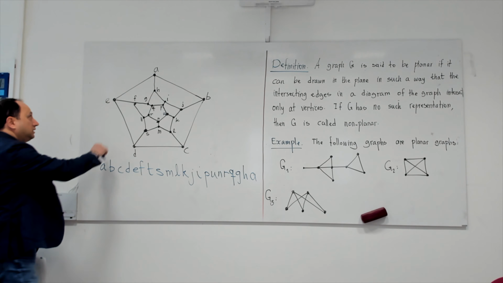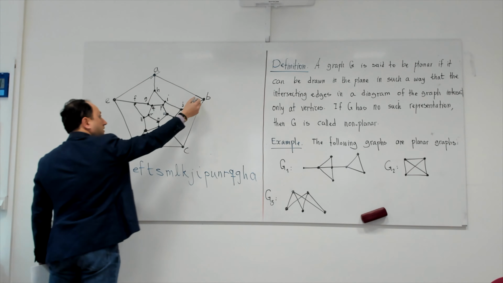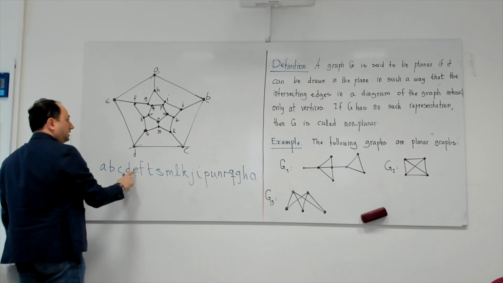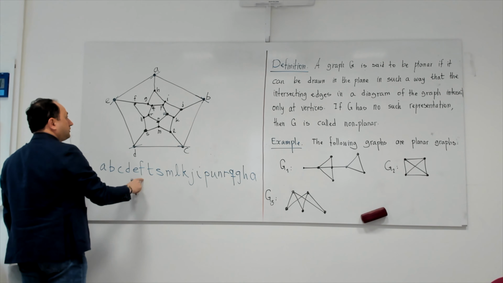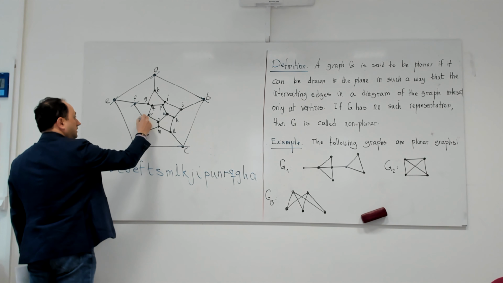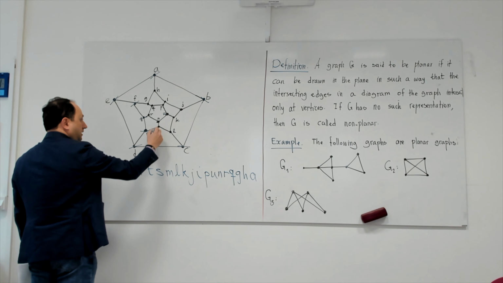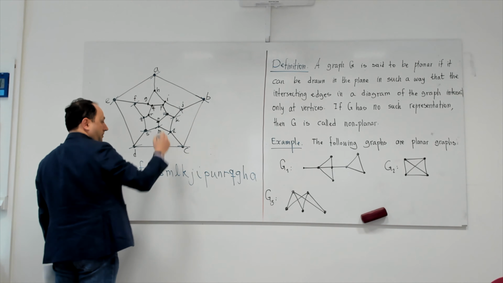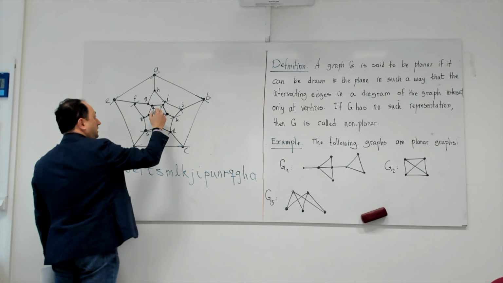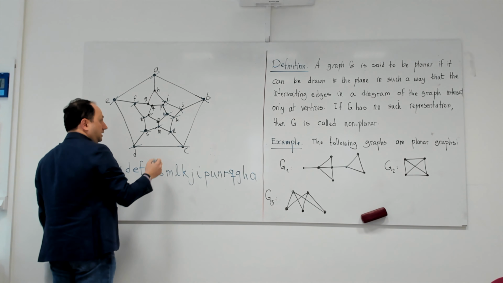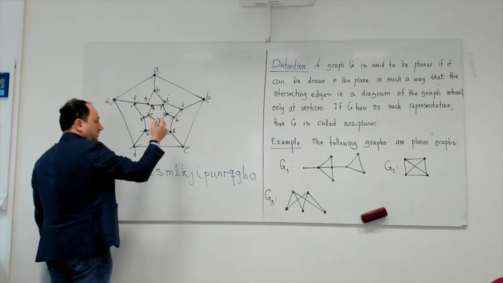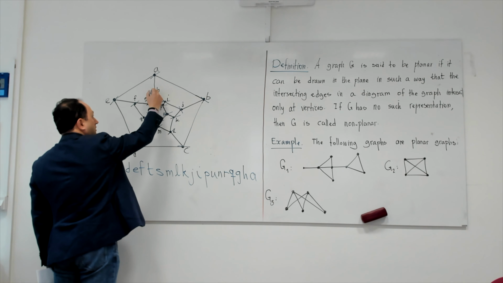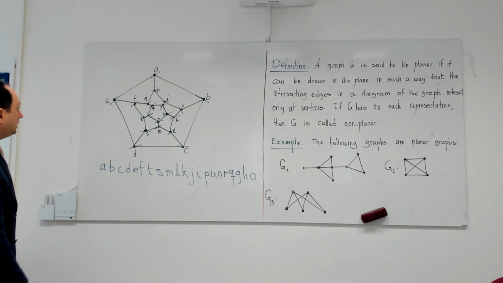So A, B, C, D, E, F, T, S, M, L, K, J, I, P, U, N, R, Q, G, H, A. And I think it covers everything.